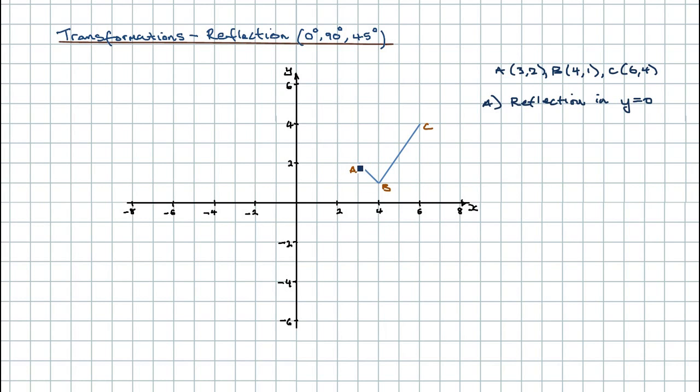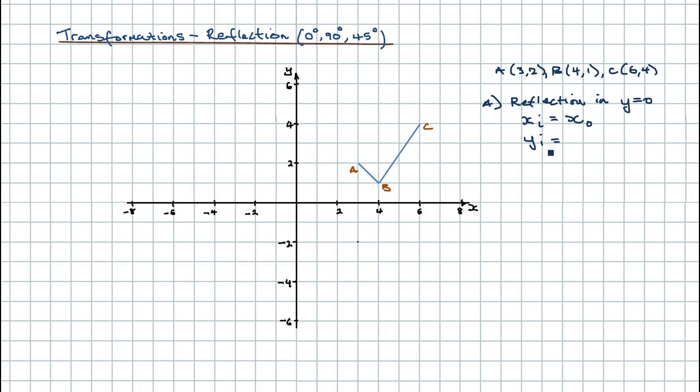Now when we're reflecting in y equals 0, the A point here, for example, is going to end up over here. What's going to happen to the x coordinate? Well, nothing. The x coordinate of the image is going to be exactly the same as the x coordinate of the object, so we can write that like that.